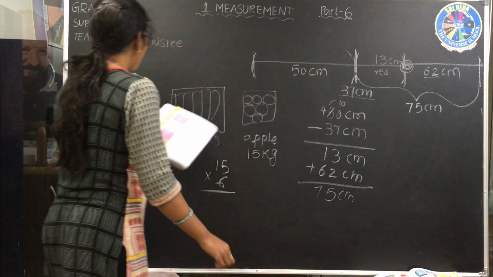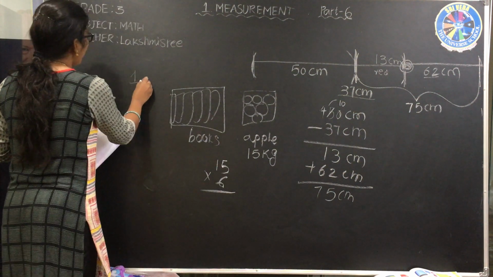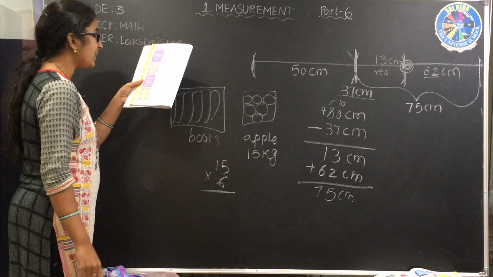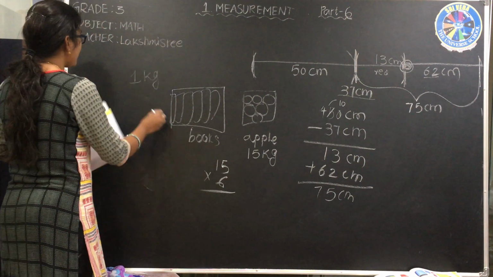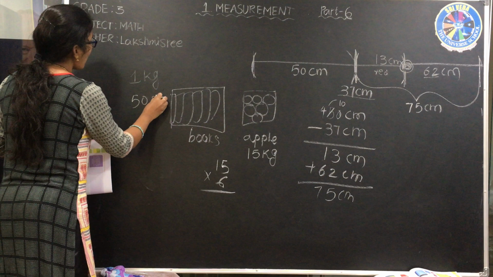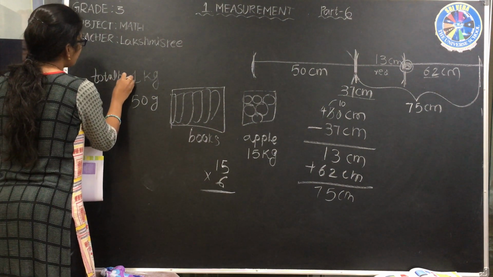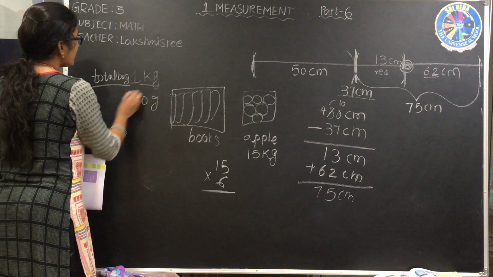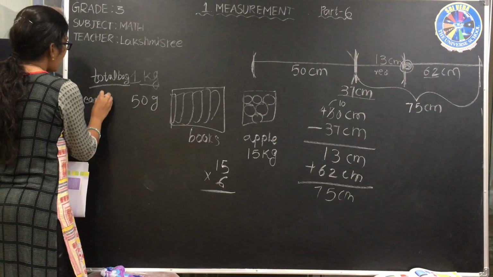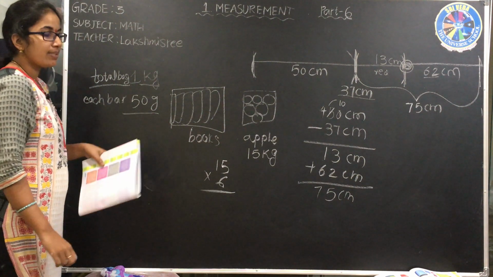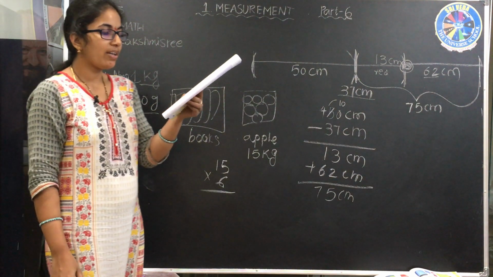The weight of that bag is 1 kg, and if the weight of each candy bar is 50 grams. Total weight of the bag is 1 kg and each bar is 50 grams.